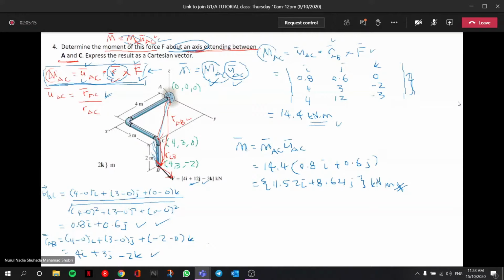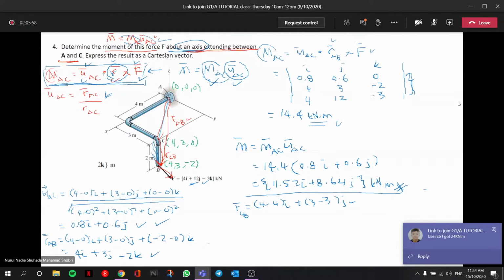Okay, so I assume you guys are okay up until this point. So we tried to solve the question using RCB. When you solve for RCB, you would get negative 2k.